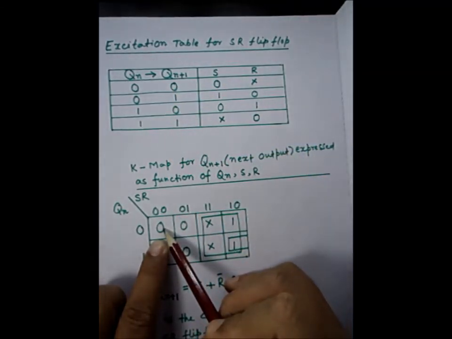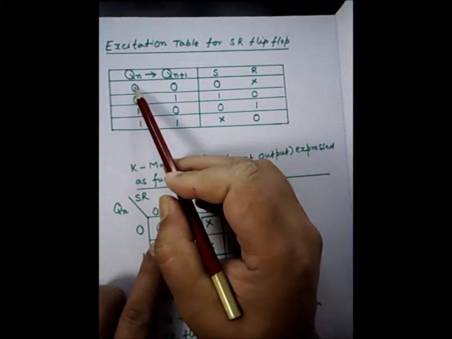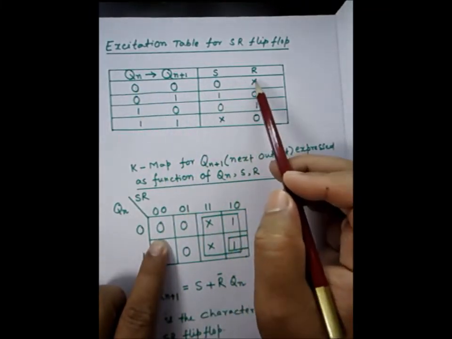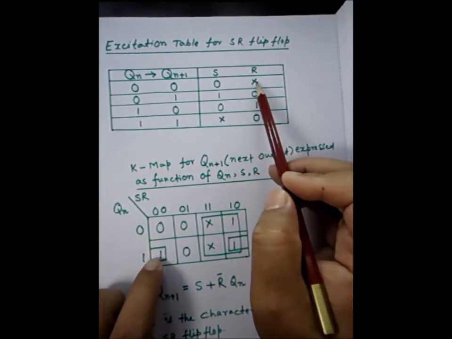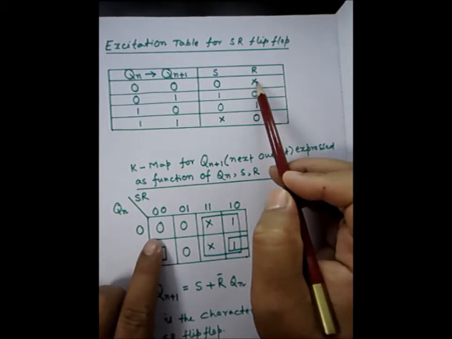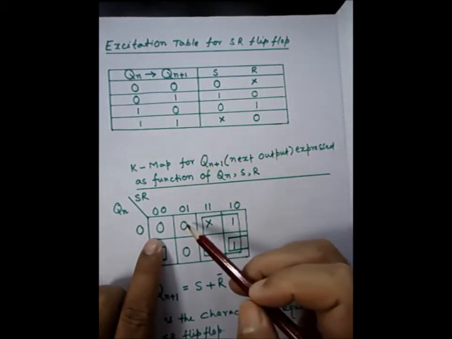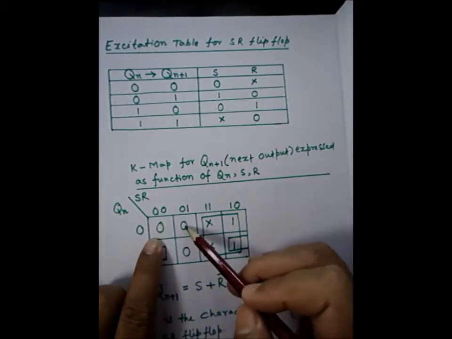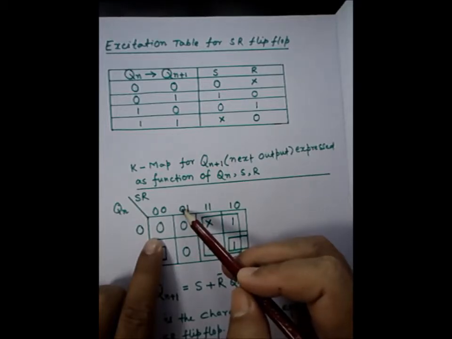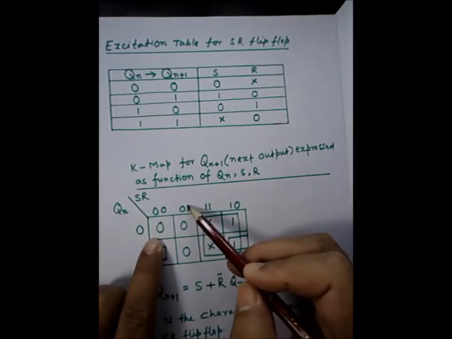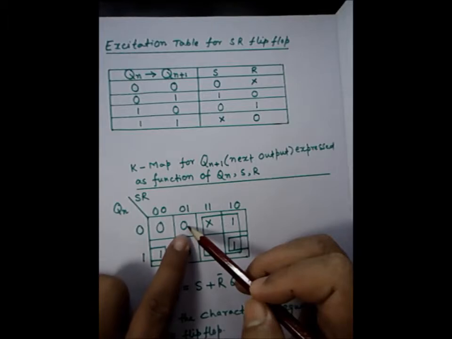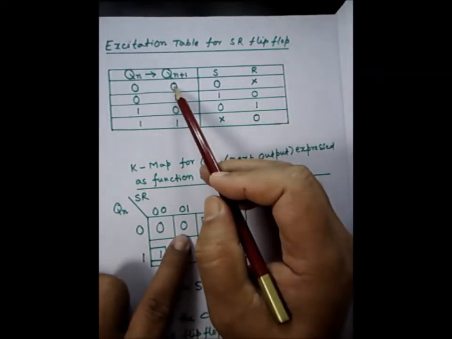Therefore, I am placing 0. Again, Qn equal to 0, S equal to 0, R equal to 1, that block's output is also 0.